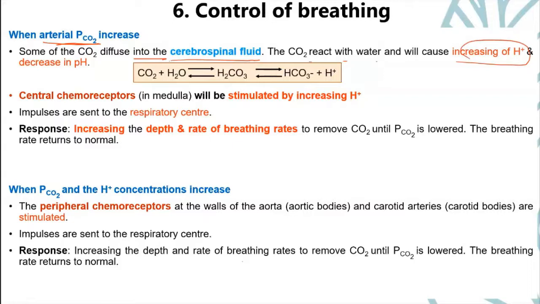Tadi kan carbon dioxide bertindak balas dengan air, dia jadi carbonic acid, split into bicarbonate ion dan juga hydrogen ion. So this increase in hydrogen ion will be detected by central chemoreceptor. Okay, central chemoreceptor will detect the high increase of hydrogen ion in the cerebrospinal fluid.